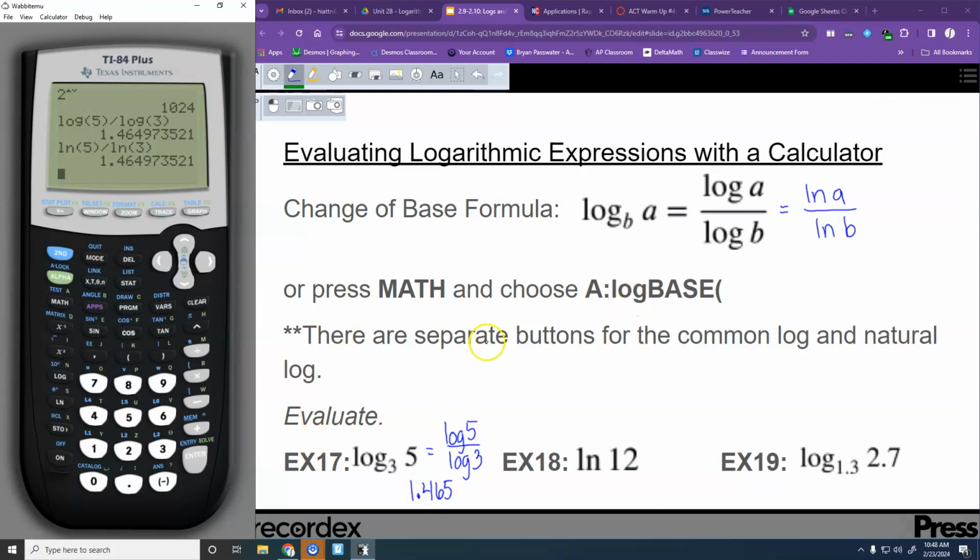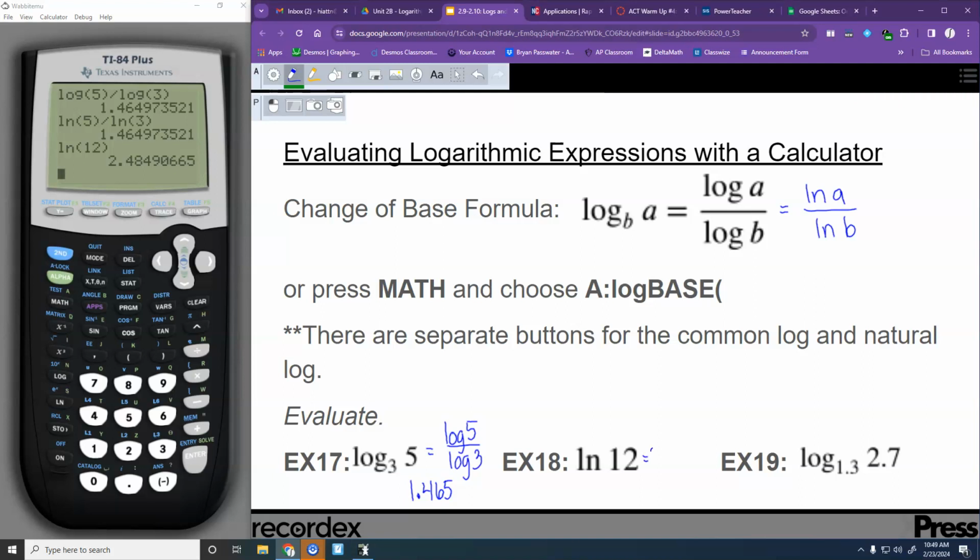Now, there is also a log base that you can use on the calculator. So, actually, I don't even need to do that. What should I do for number 18? Just ln12, because there is a button for natural log, right? That button of natural log, you don't have to do anything special. If you're doing natural log of something, you just type it in. Same thing for a common log. If you have a log with a base of 10, right, you just have to type it in with the log.